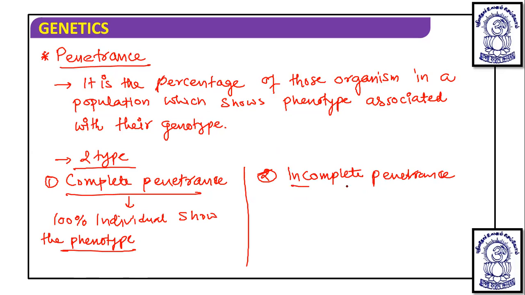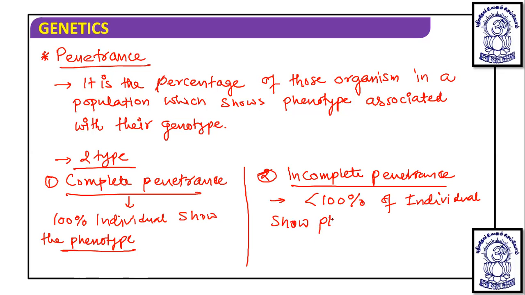In incomplete penetrance, it is less than 100% of individuals that show the phenotype associated with the genotype.